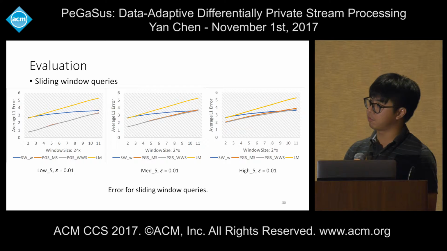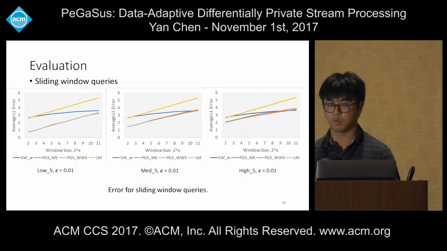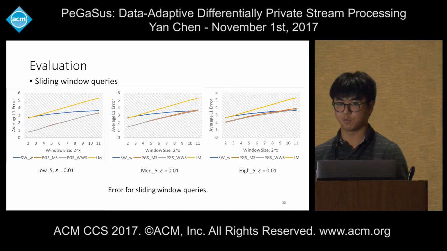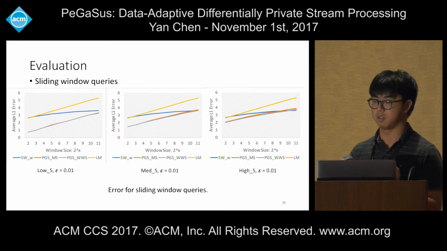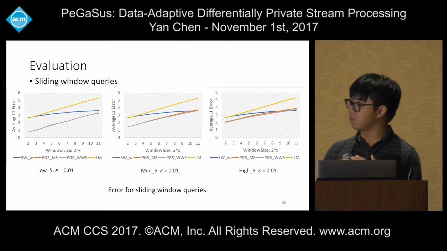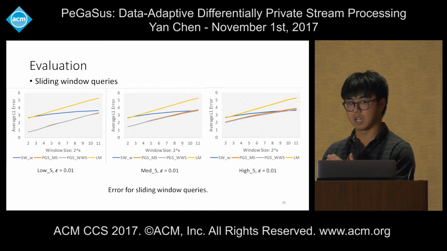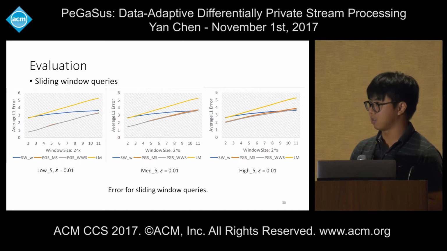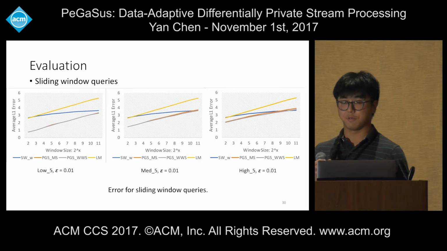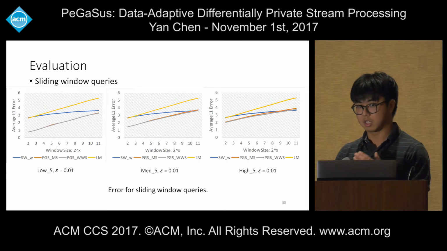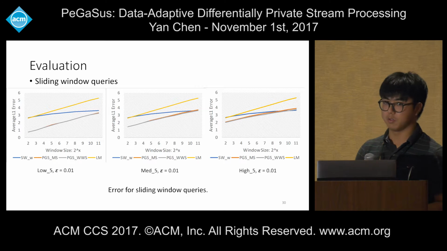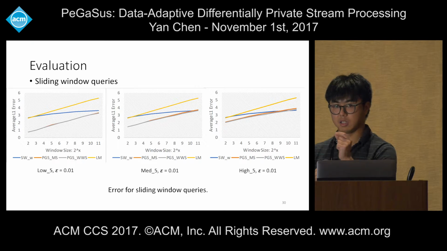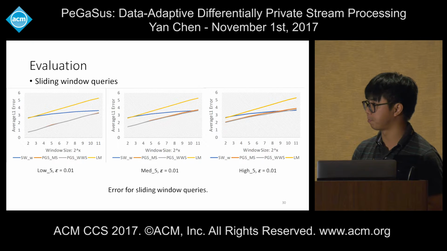The yellow line represents the Laplace mechanism, which means that we use the Laplace mechanism to perturb the stream first, and then answer the sliding window queries on top of the noisy stream. The blue line is a previous state-of-the-art W-window sum algorithm. The W-window sum algorithm is designed for answering sliding window queries for any specific window size W. So each point of the blue line represents a slightly different algorithm.